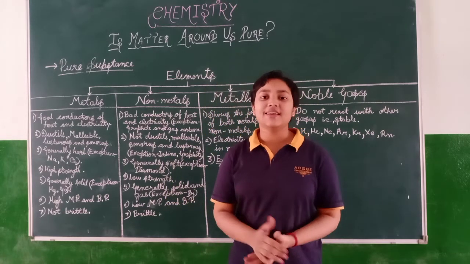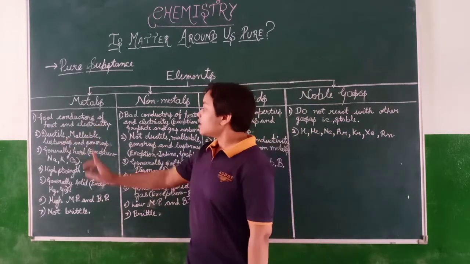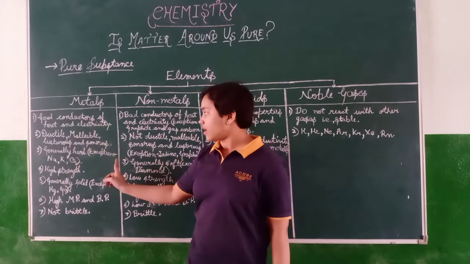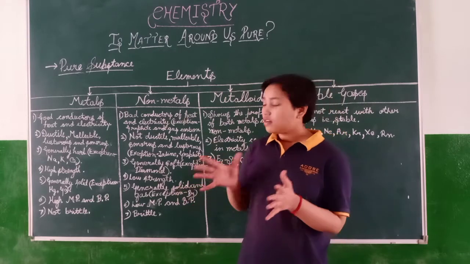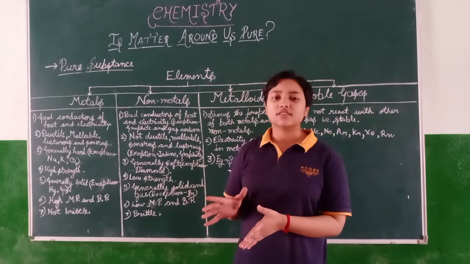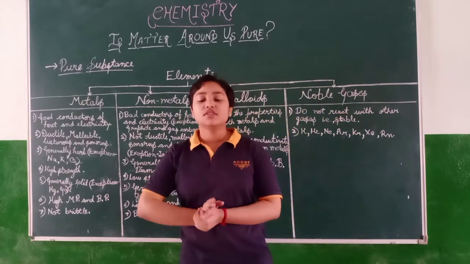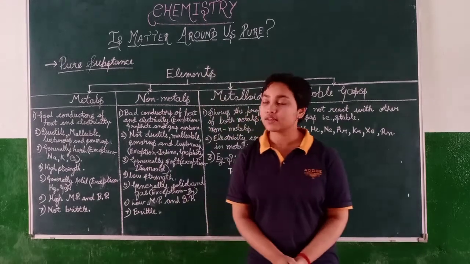Otherwise we will die. So they are good conductors of heat and electricity, ductile, malleable, lustrous and sonorous. They are very hard. They can produce sounds when they are beaten.